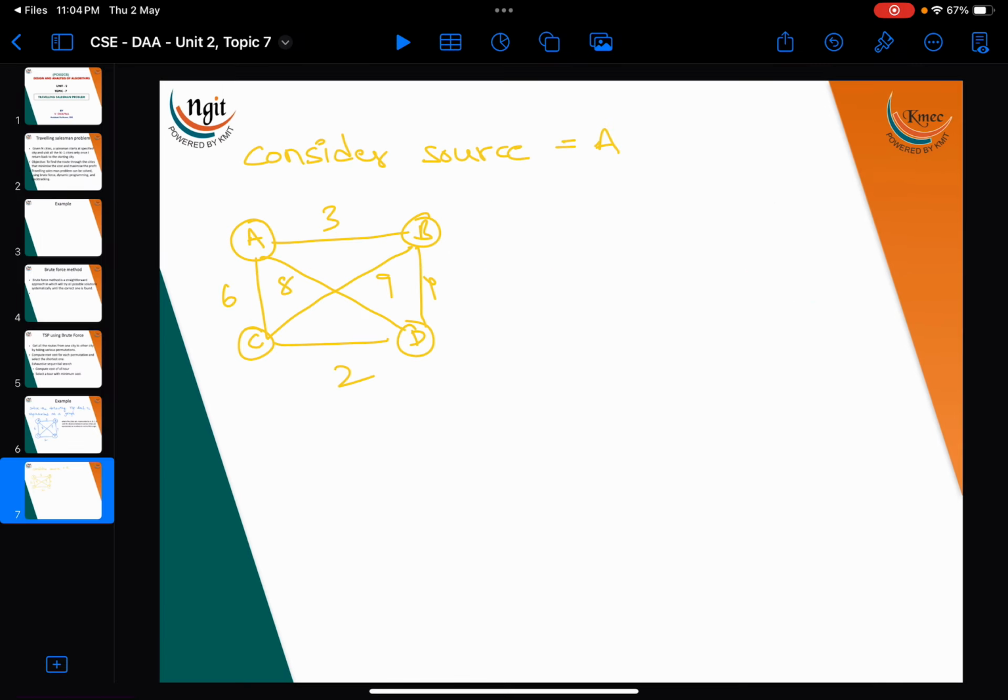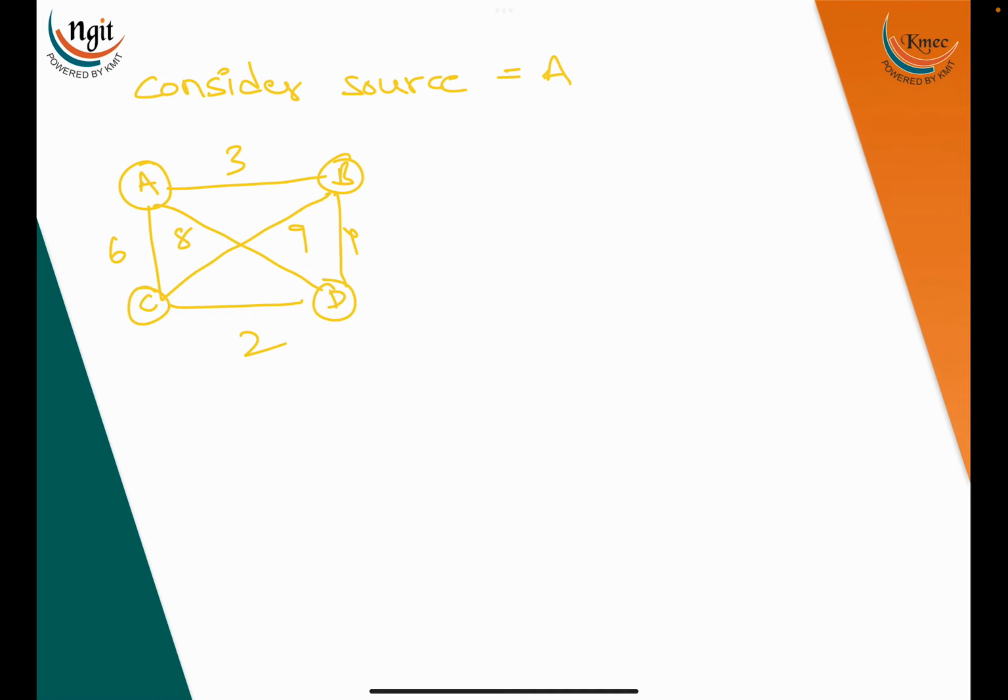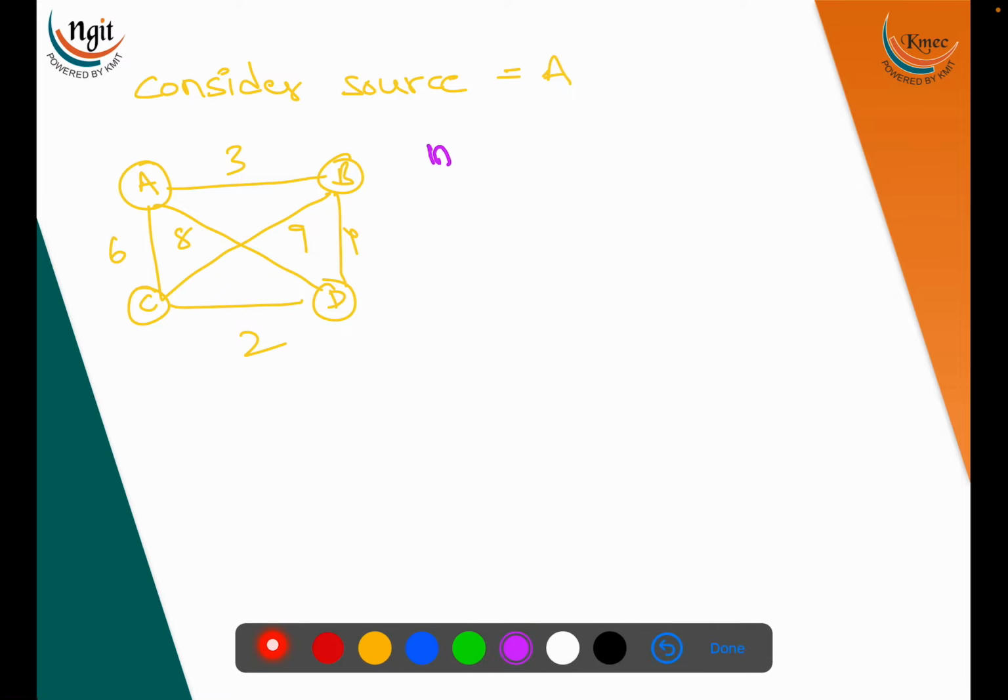Now we'll calculate the complexity of this, or rather we'll analyze the algorithm. Assume that n is equal to 2. That means how many cities do I want to visit? Only 2 cities, named A and B. So how many permutations will I have? Only one permutation, correct? And that permutation is A to B, B to A. And assume that n value is 3.